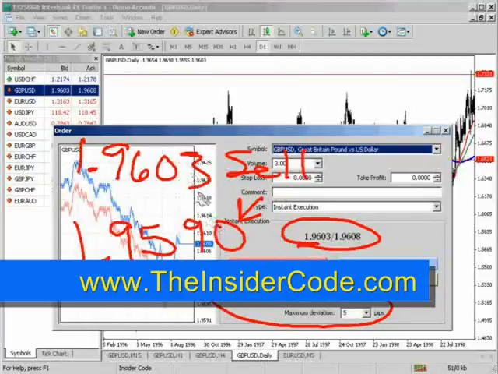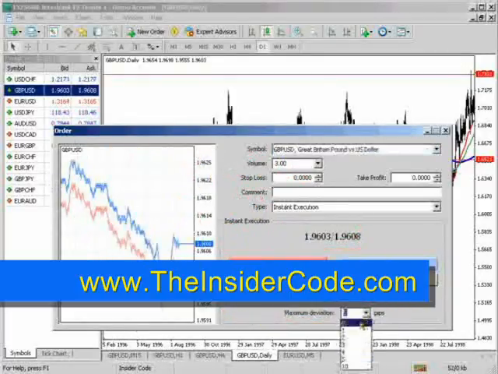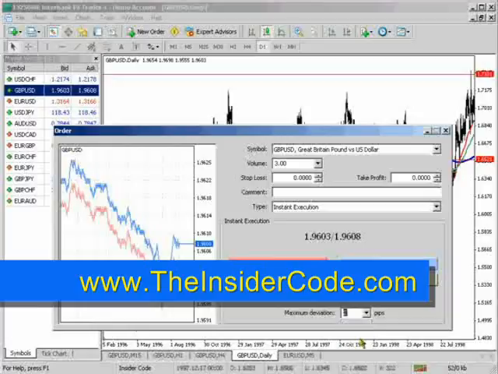So instead of having to risk this, we can simply tell our broker, hey, if you can't get me my order within, let's say, 2 pips, then I don't want to get in at all. So that would be your maximum deviation.